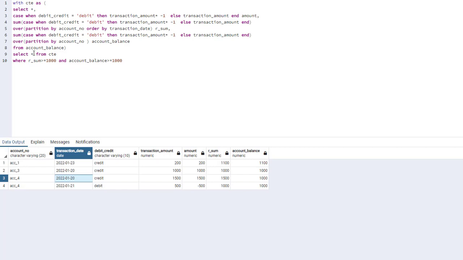Okay, to do that I'm going to use the rank function, and let me put it here.